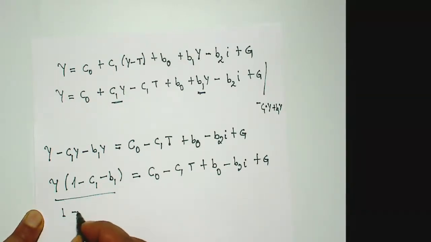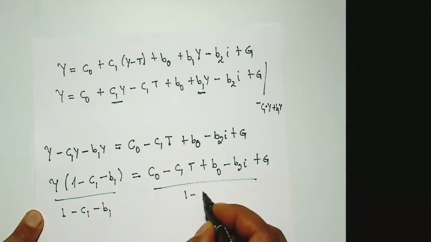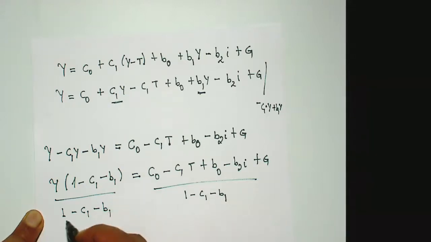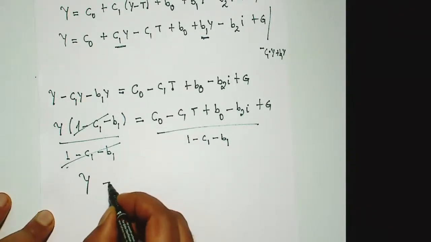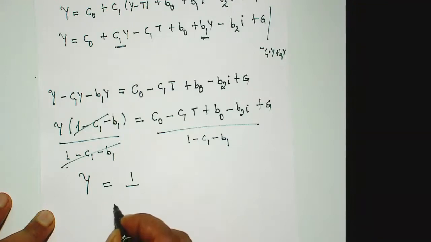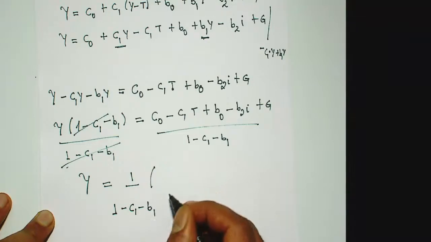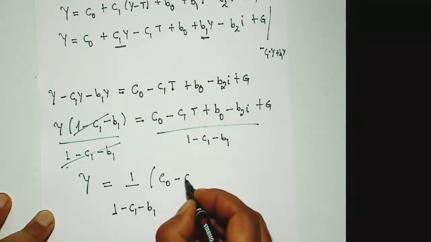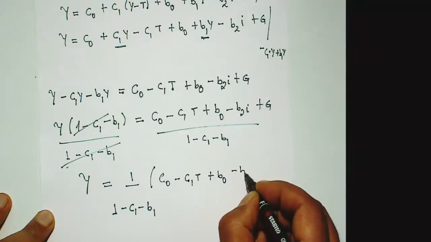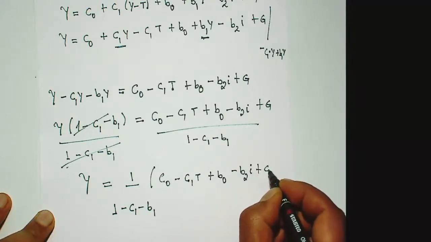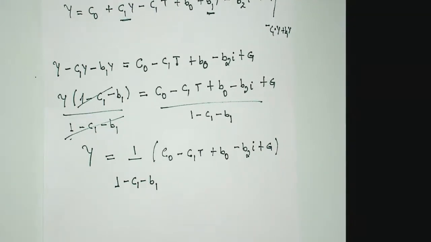If I divide both sides by 1 minus C1 minus B1, this term would cancel out with this one. I would be left with Y on the left-hand side, and on the right-hand side I would have 1 over 1 minus C1 minus B1 multiplied by C0 minus C1 T plus B0 minus B2 I plus government expenditure G.